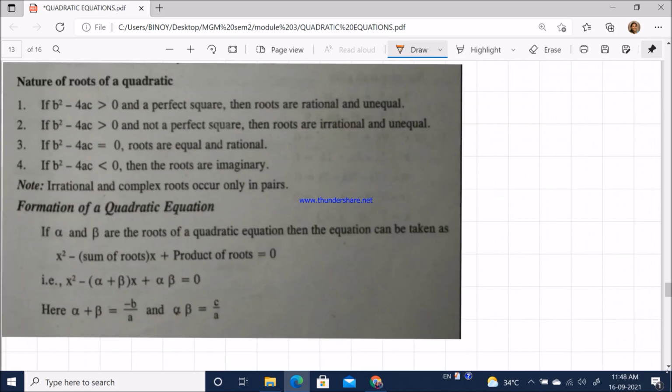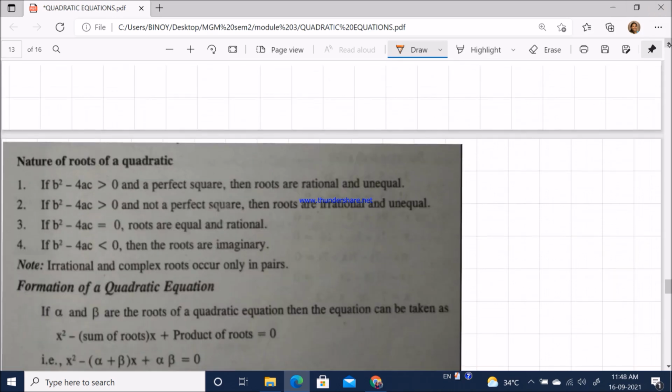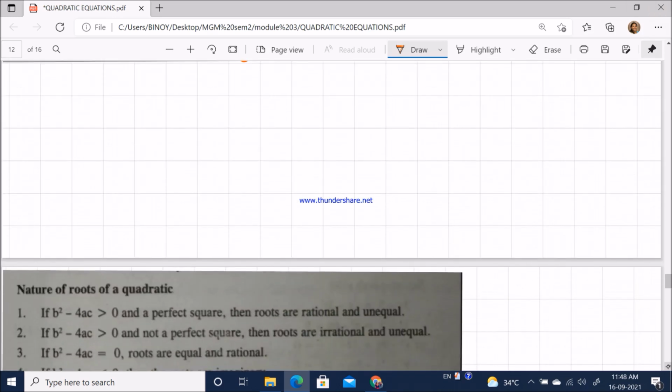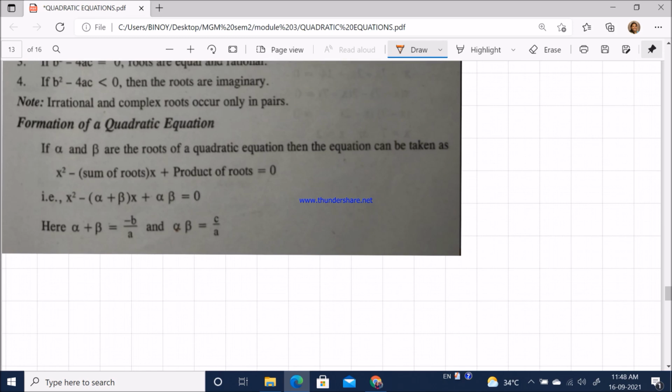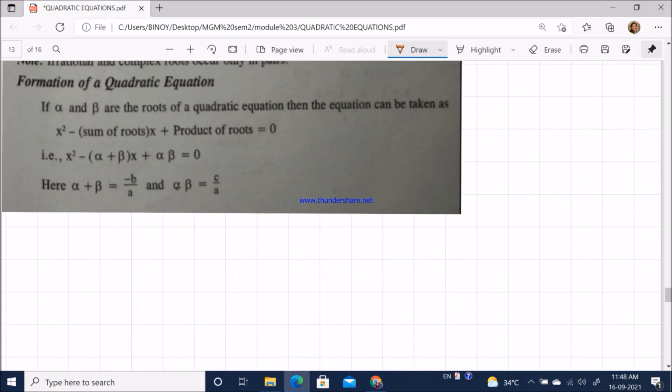Now let's see what is the nature of roots of a quadratic equation. Nature of roots of a quadratic equation means, let's consider an example: x square minus 9x plus 14 equal to 0.